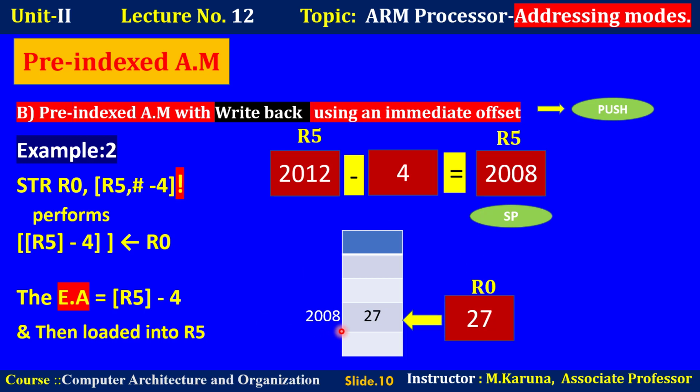Whatever data content is in R0 will be inserted into the memory location at 2008. Insert means push operation. Likewise, operations are performed in case of pre-indexed addressing mode with write back using an immediate offset.